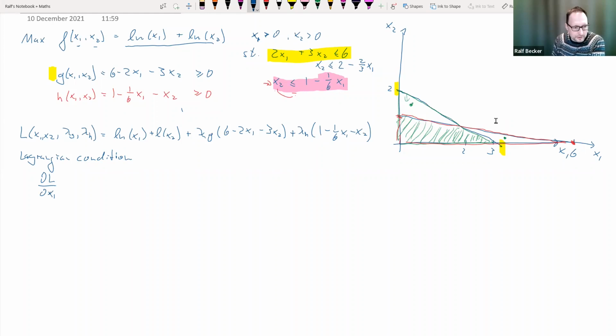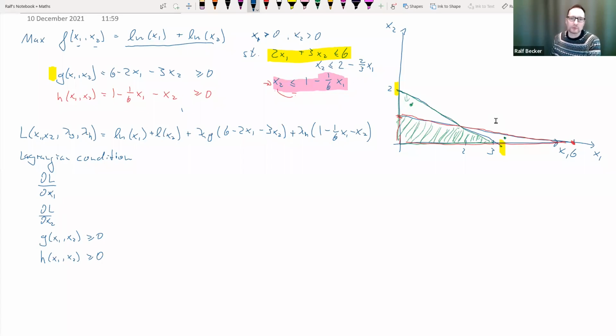I'll add that in a moment. The partial derivative of the Lagrangian with respect to x2 has to be equal to 0. We'll just formulate that in a moment. Our constraints, basically it's just the restatement of the constraint. This has to be larger than 0. H, we have a second constraint, has to be larger or equal to 0.